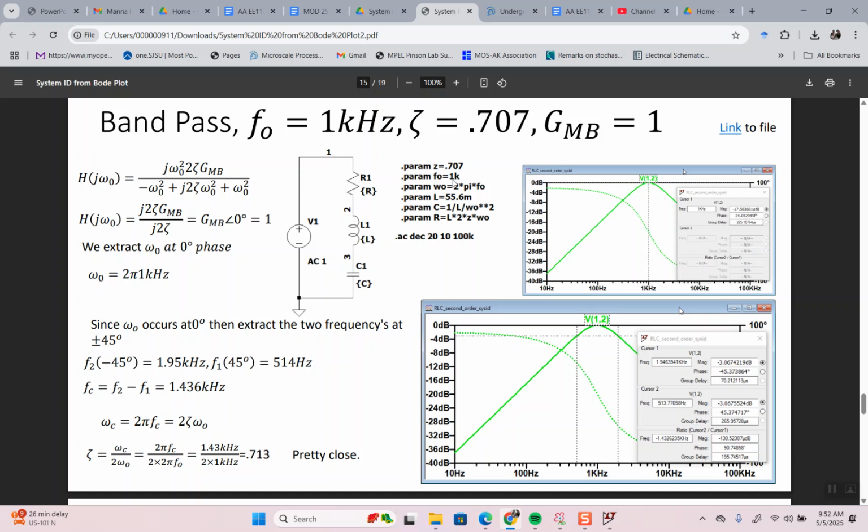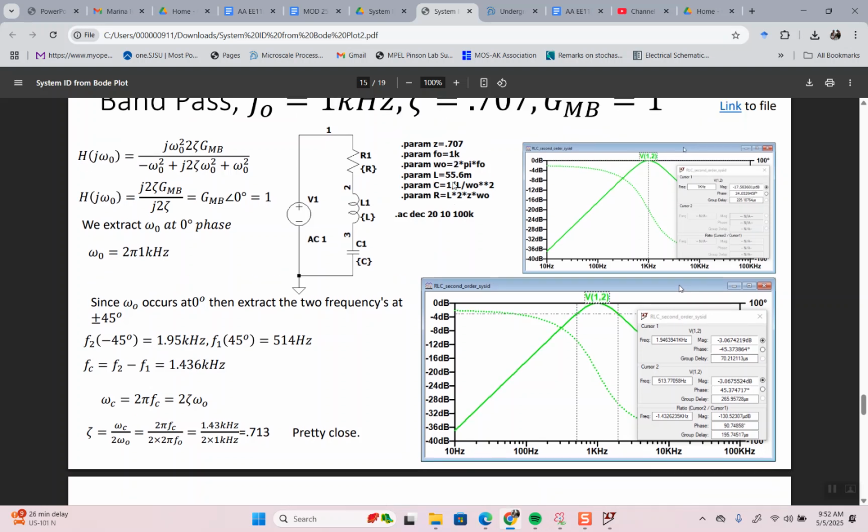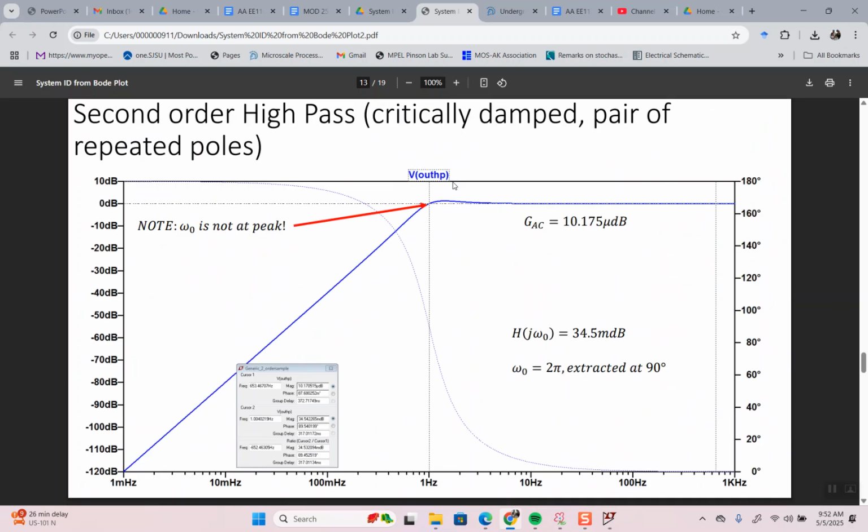So I don't want to beat a dead horse, but here, right, high frequency gain, you find omega naught from the intercept, and then this point at omega naught also gives you the damping coefficient.